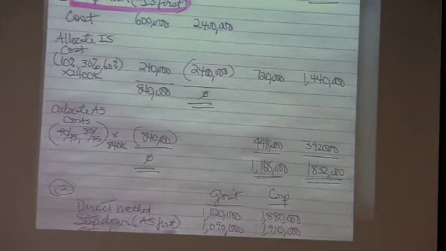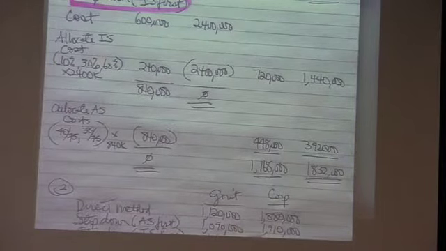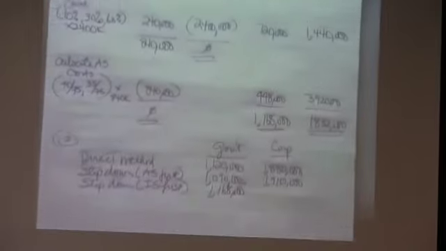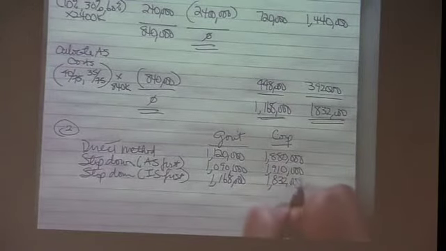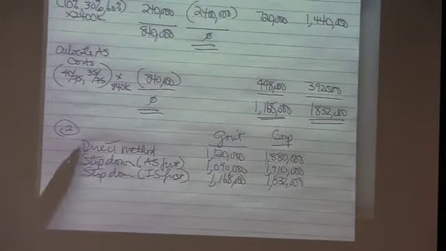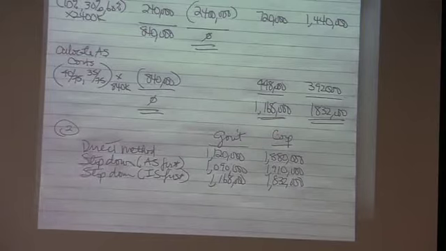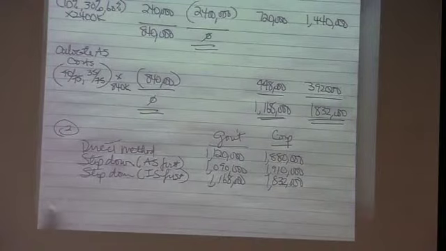Step down, IS first, 1,168,000 and 1,832,000. So the direct method in Part A ignores support to other departments. The step down partially recognizes the support to other support departments.